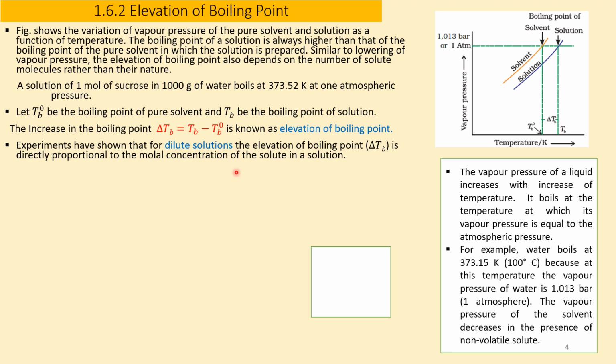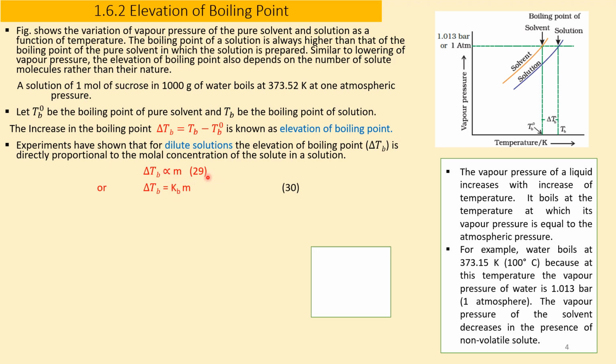It has been experimentally shown that for the case of dilute solutions, the elevation of boiling point delta Tb is directly proportional to the molal concentration of the solute in the solution. So we can write delta Tb is proportional to small m, where m is the molality.